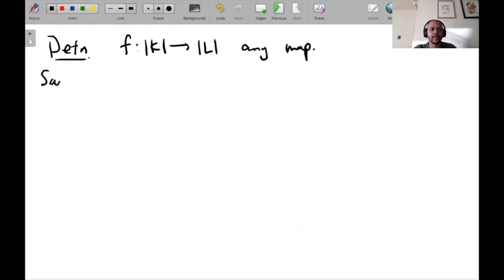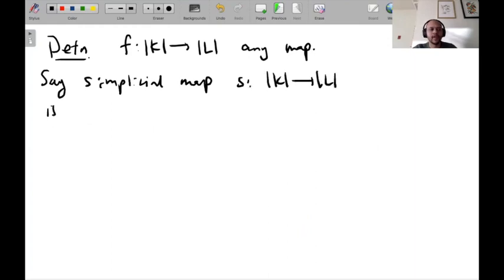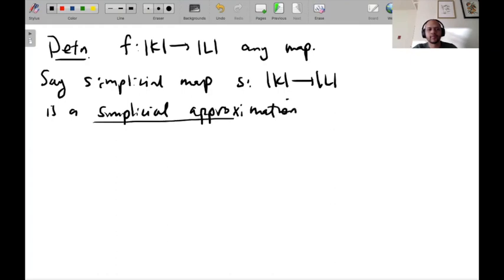We say S, a simplicial map S from K to L, is a simplicial approximation of f if it satisfies this property, which is going to look a little weird.